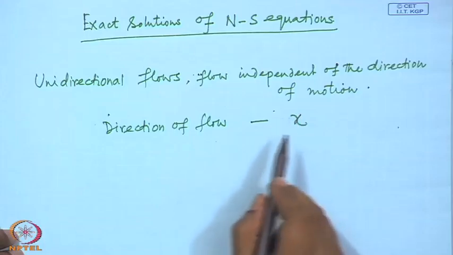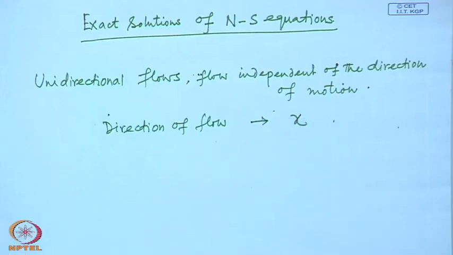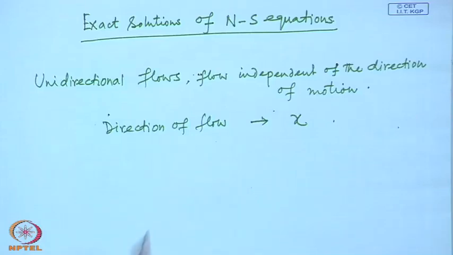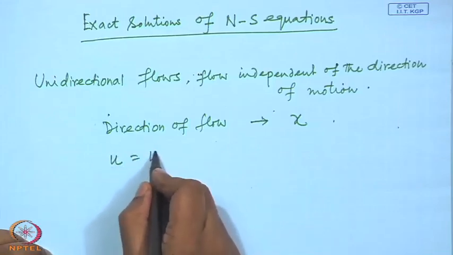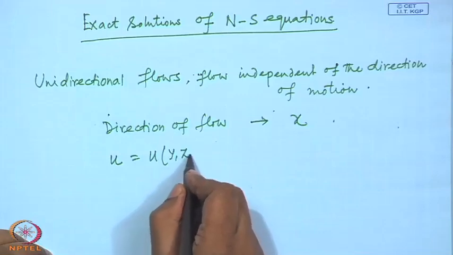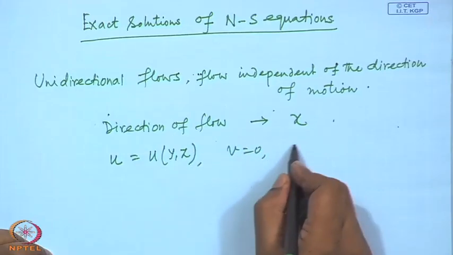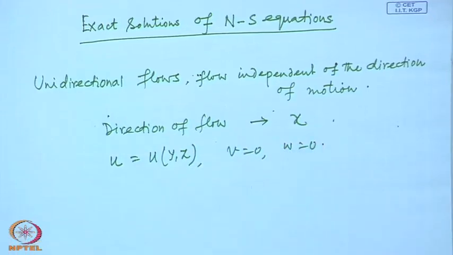That means we have only the x component of velocity, the y and z components of velocity are 0 for these problems, and the x component of velocity is independent of x, meaning we have the x component, that is u, is a function of y and z only, and v equal to 0, w equal to 0.